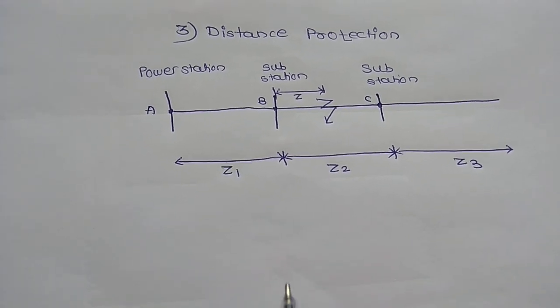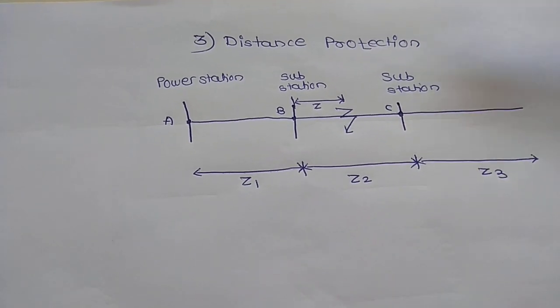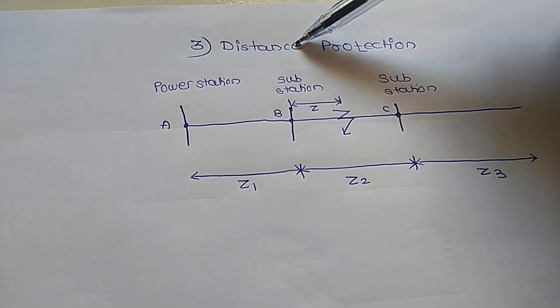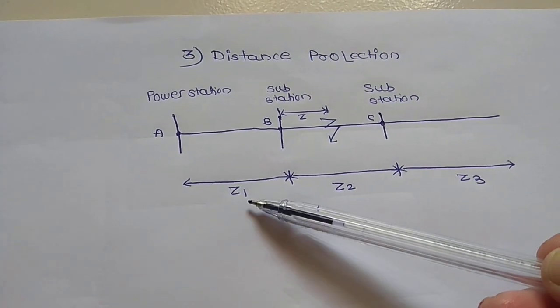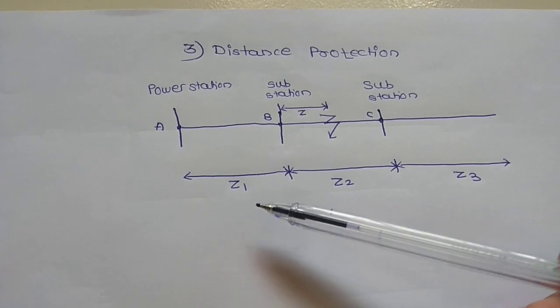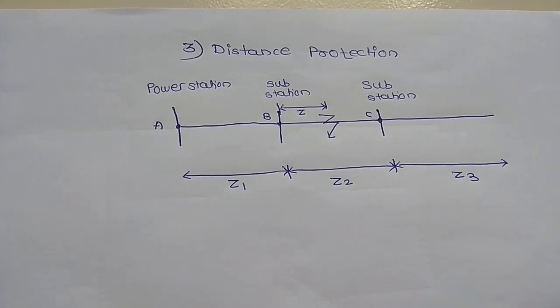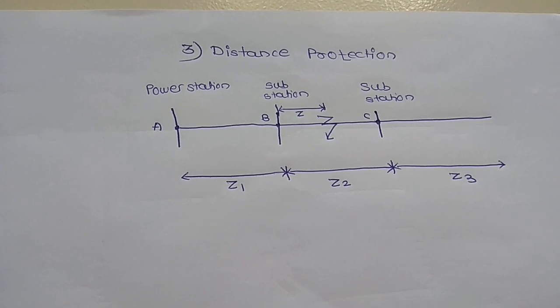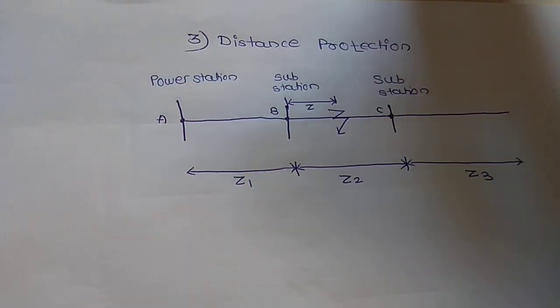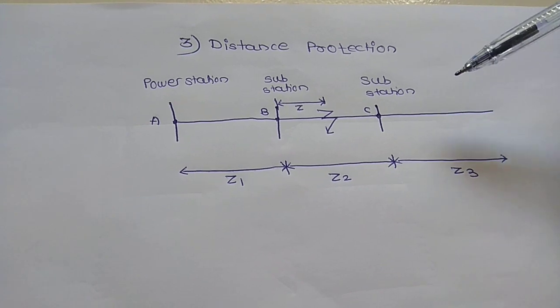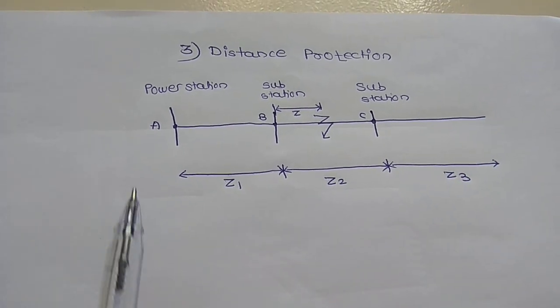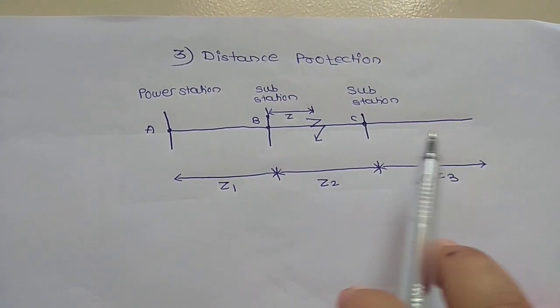So this is a simple diagram. In distance protection, the important factor is Z. Z is nothing but impedance. In this diagram, it consists of a power station, substation, substation. Power flows from left to right.